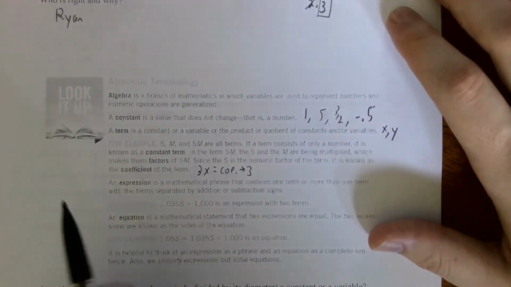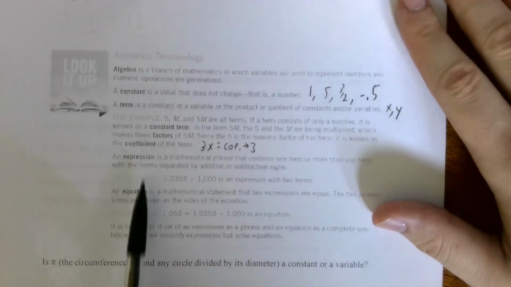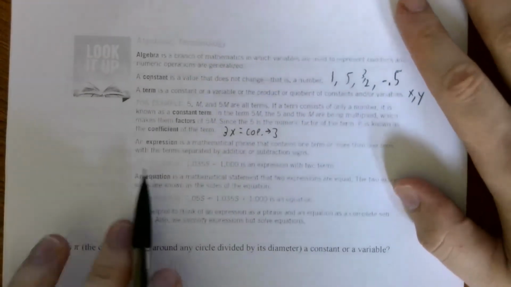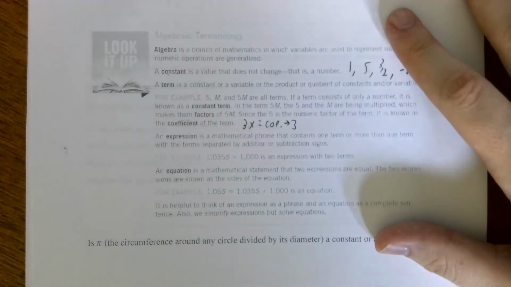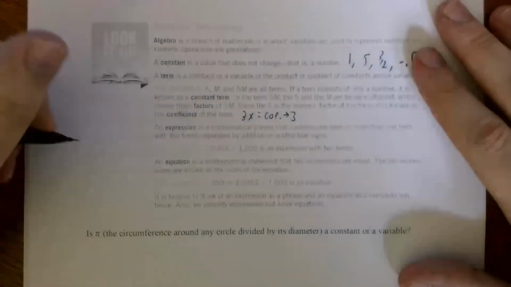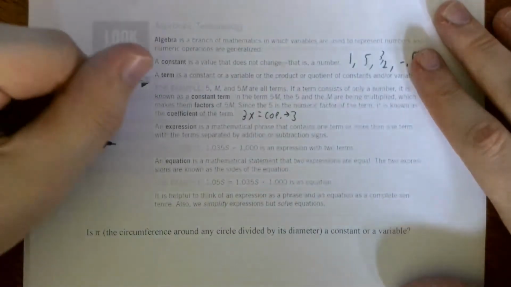Okay? And then we have an important distinction between expressions and equations. The easiest way to think about this is if it has an equal sign. So if we have 3x equals 0, that's an equation.